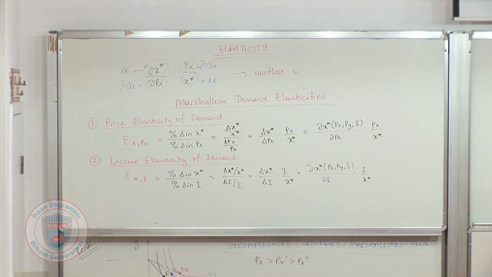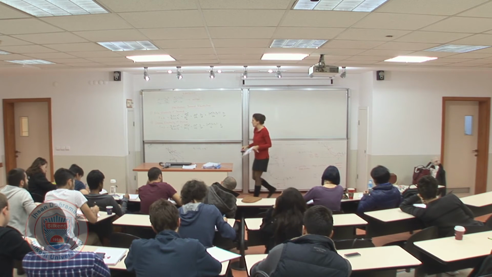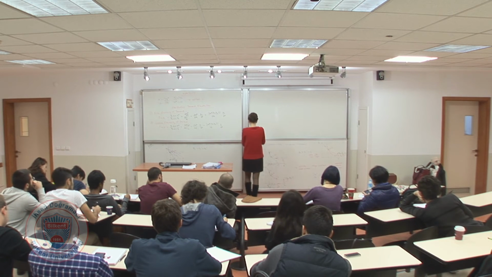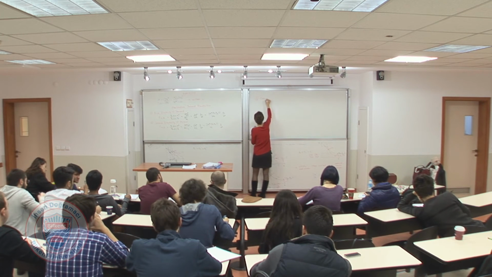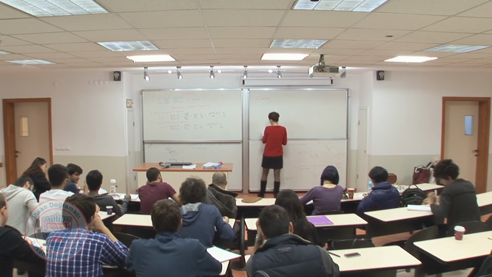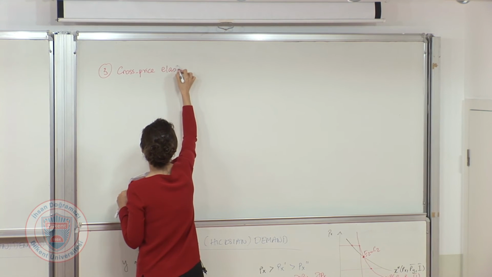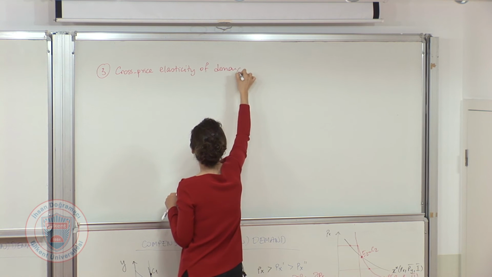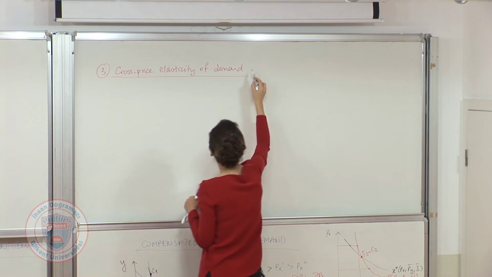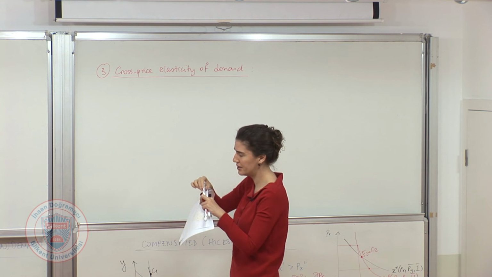So the third one is what we call the cross price elasticity of demand, okay?